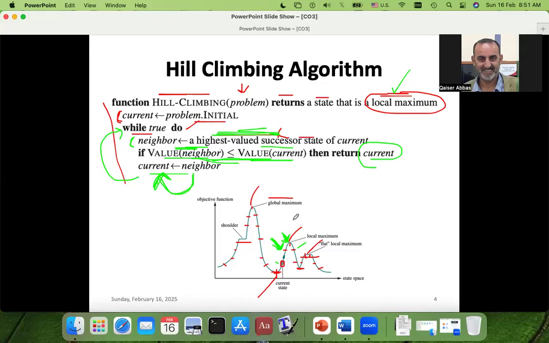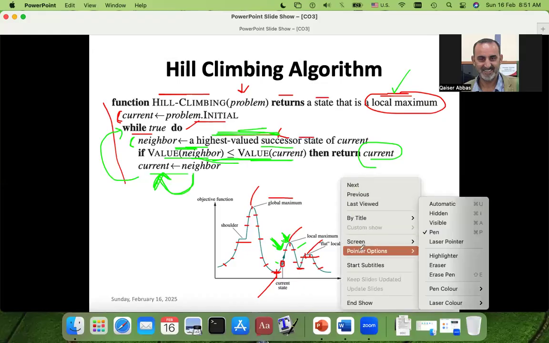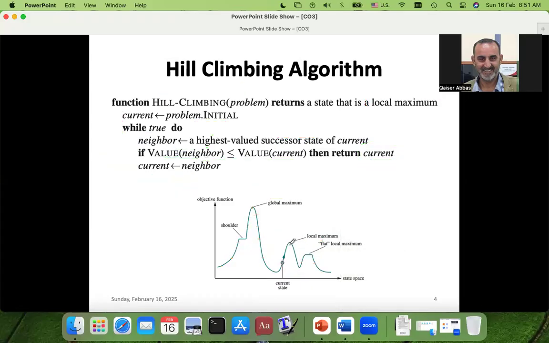Moreover, now take another situation. For example, here I will start from here, then I will go there, and here you will have 2 points or 3 points with equal value.